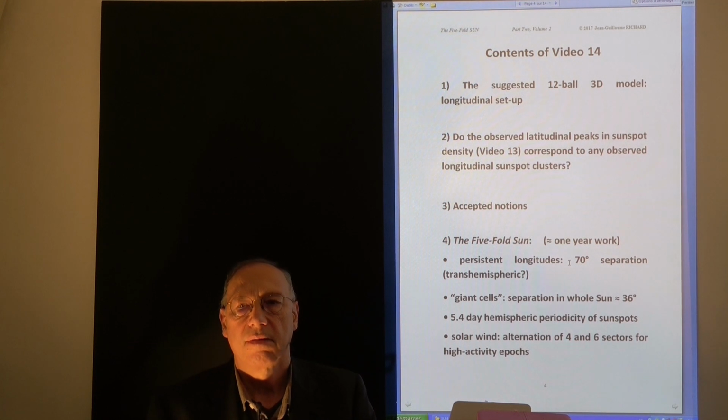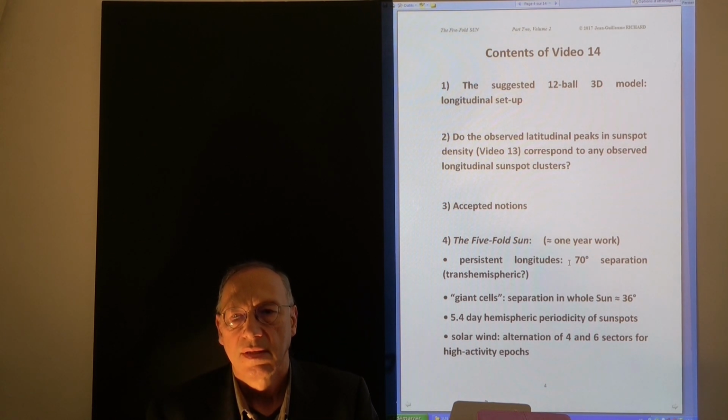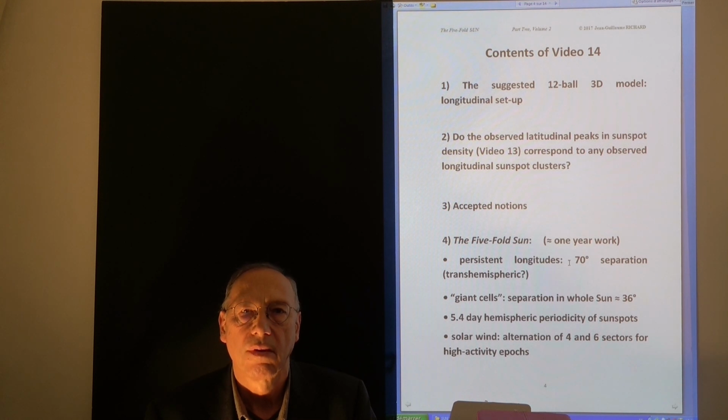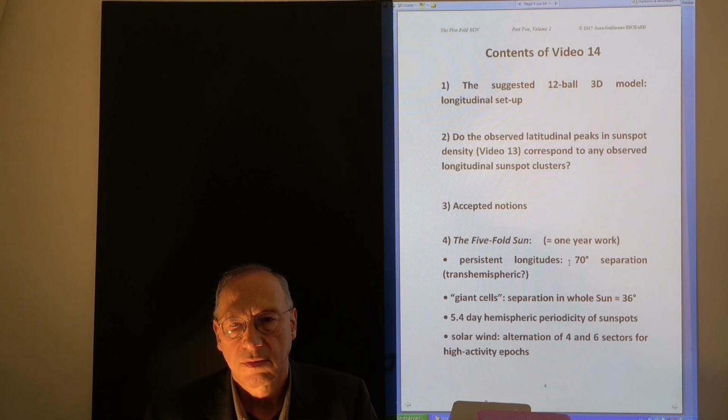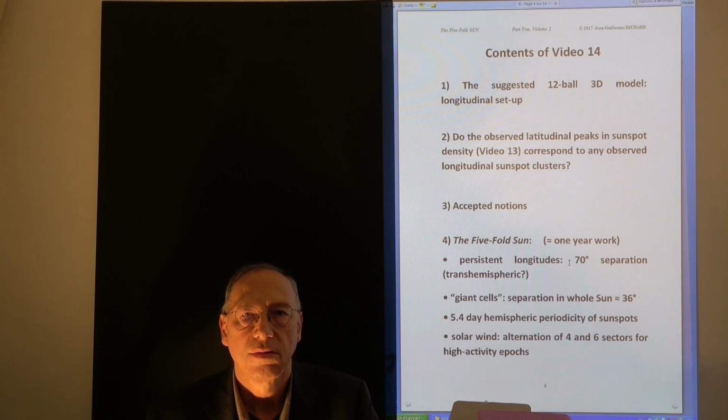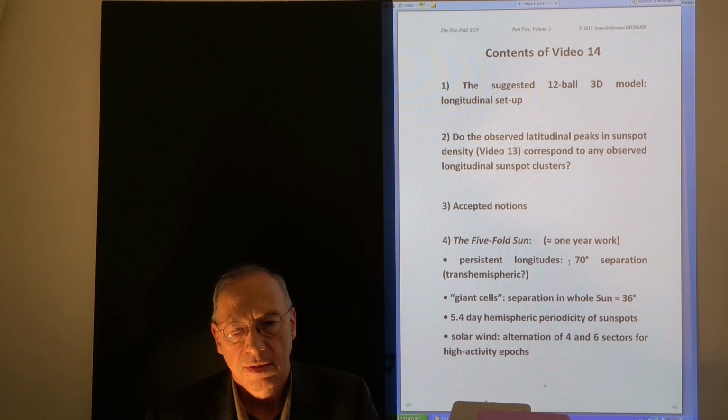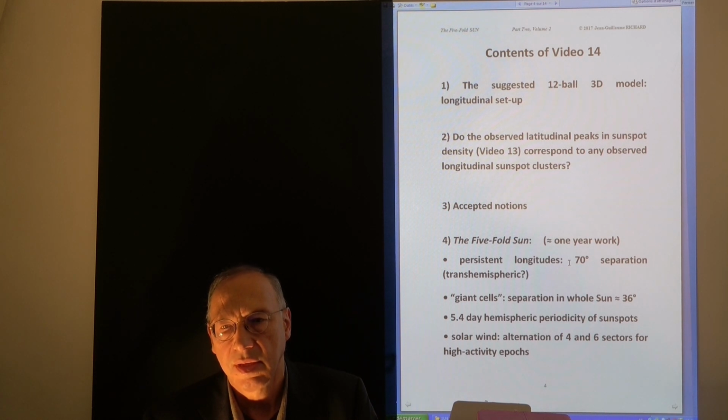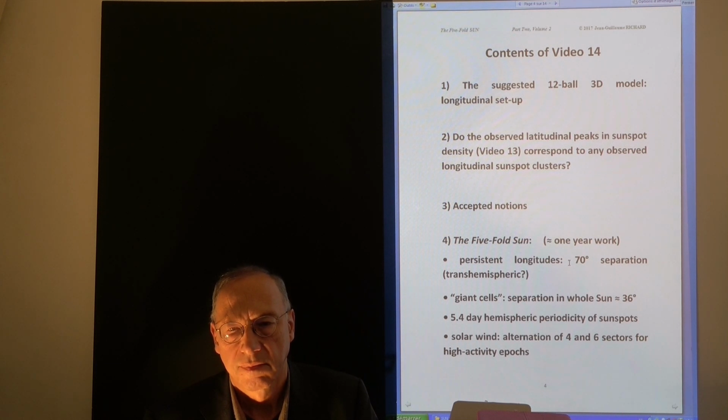The contents of video number 14 start with a wrap-up of the suggested 12-ball 3D model for the solar ball and its longitudinal setup. We shall then ask ourselves if the observed latitudinal peaks in sunspot density, as introduced in video 13, correspond or not to any observed longitudinal sunspot clusters.